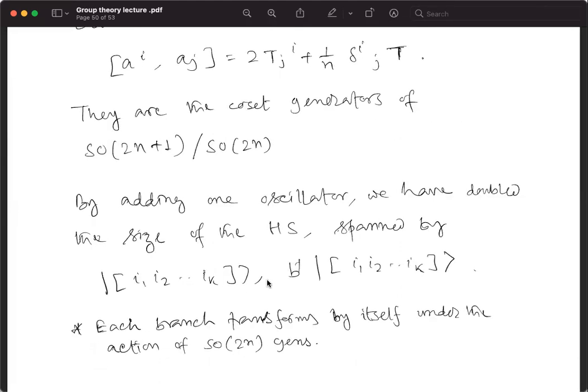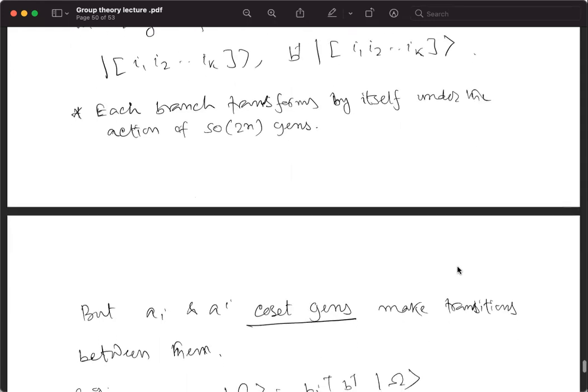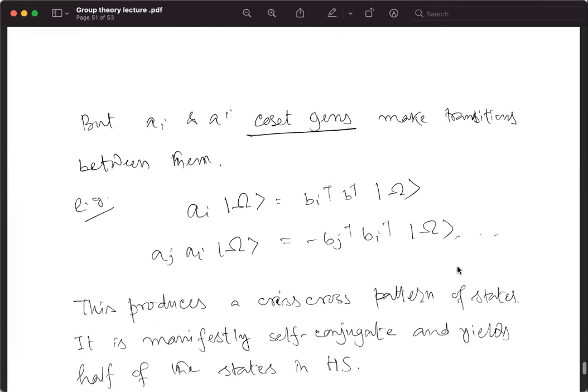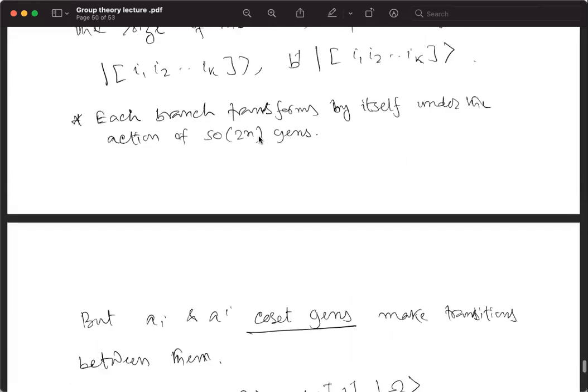By adding one oscillator, we have doubled the size of the Hilbert space, right? That can be spanned by this, and then another copy will be like B dagger times this. So each branch transforms by itself under the action of the SO(2n) generators. But A_i covariant and A_i contravariant are basically the coset generators that make transitions between these, a crisscross kind of thing, either from this to this or from this to that.